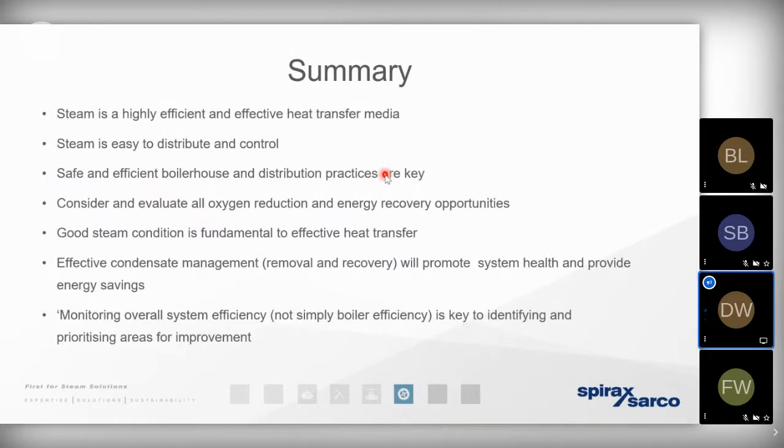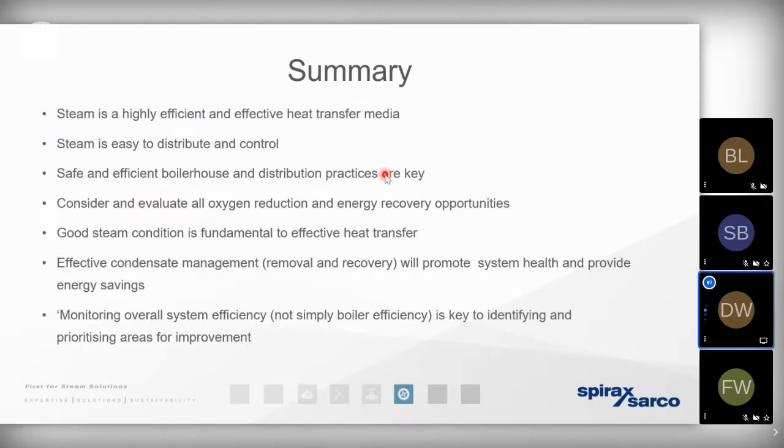Just want to really summarize very, very quickly that we know that steam is easy to distribute. It's a gas, but in order to distribute it correctly, we need to size the pipework correctly. We need to observe good working practice that wouldn't be applicable to liquid-based systems, for example, the fall in the distribution pipework.